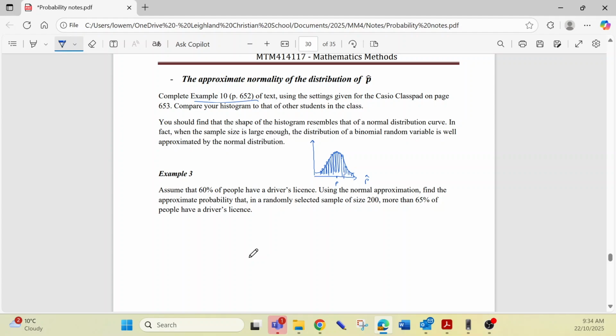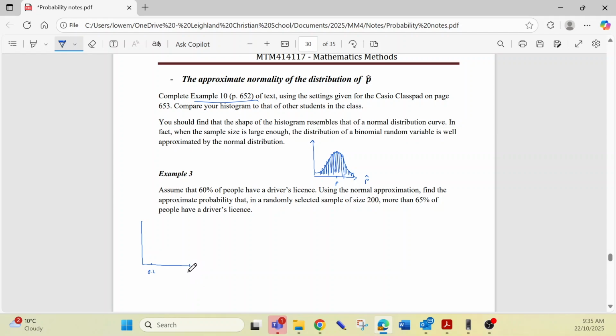Okay, so what we'll find is that perhaps on a given sample there might be some instances where only 20% of people have a driver's license.